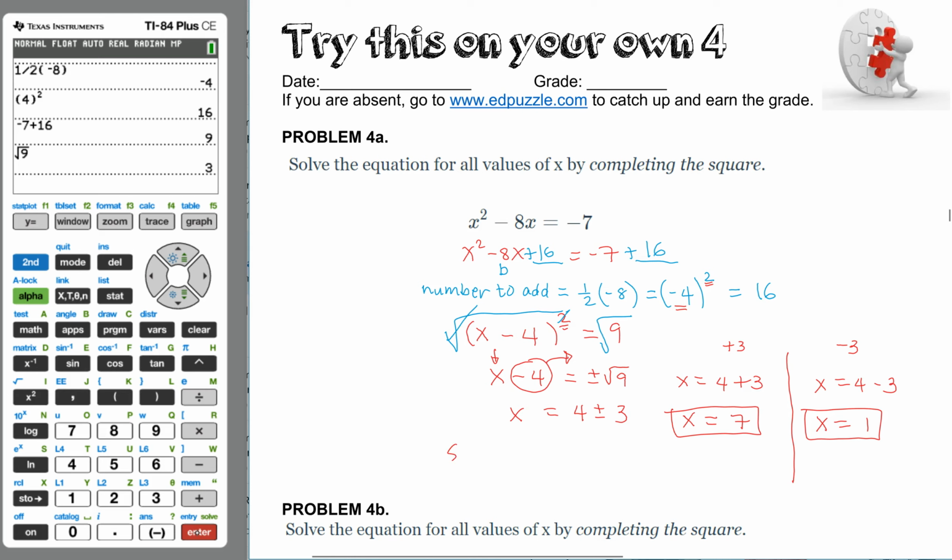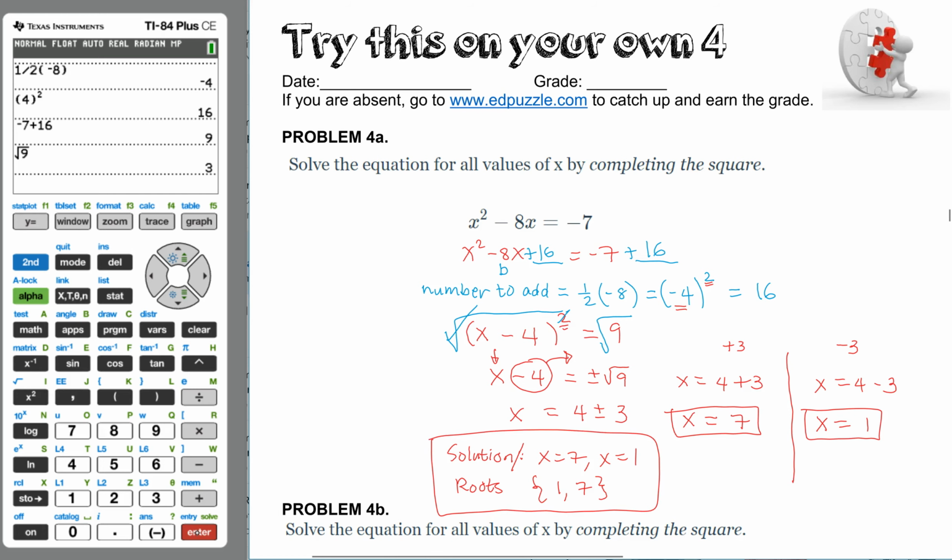So our solutions here would be x equals 7 and x equals 1. Or you can write these as roots, just 1, 7. So this would be our final answer.